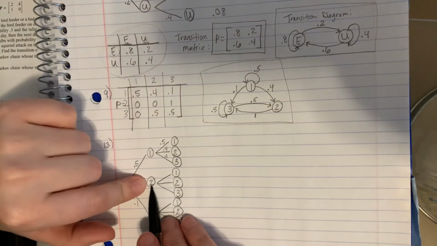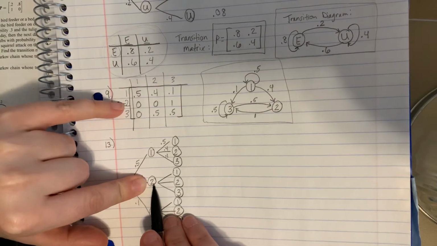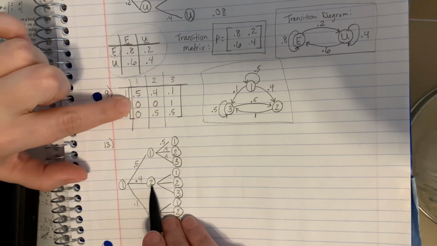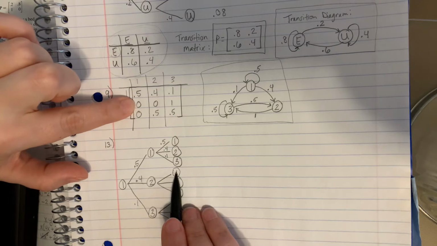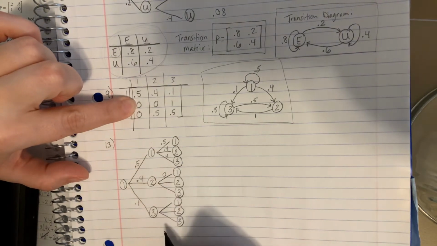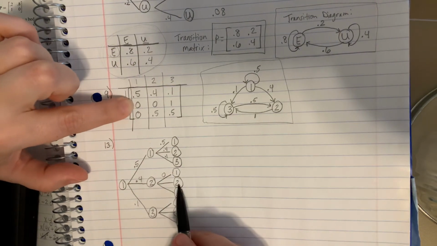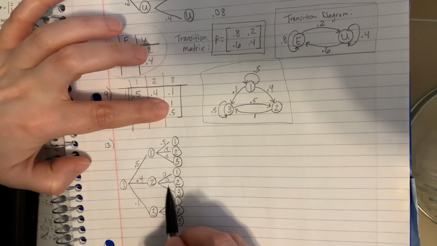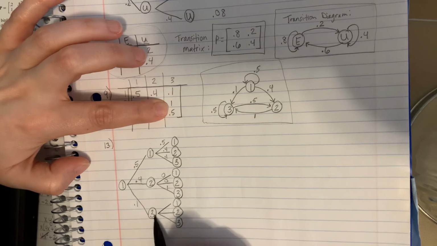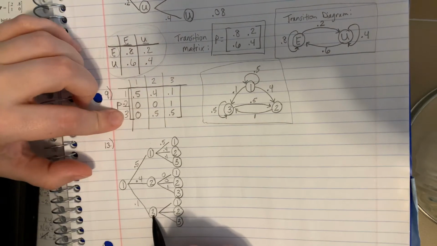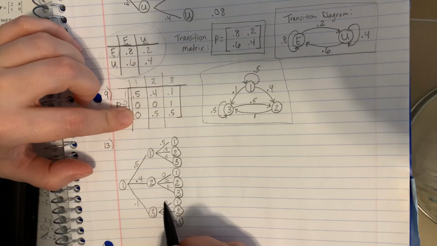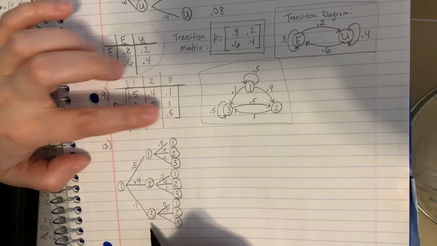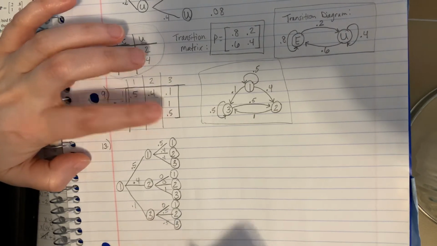This one, I'm starting at 2 right now. So I'm going to start here in this line. The probability of me being at 2 and going to 1 was a 0 probability. From 2 to 2 was a 0 probability, and from 2 to 3 was 1. Last one, if I'm starting at 3 and I go to 1, that's a 0 probability. 3 to 2 was a 0.5, and 3 to 3 was a 0.5.